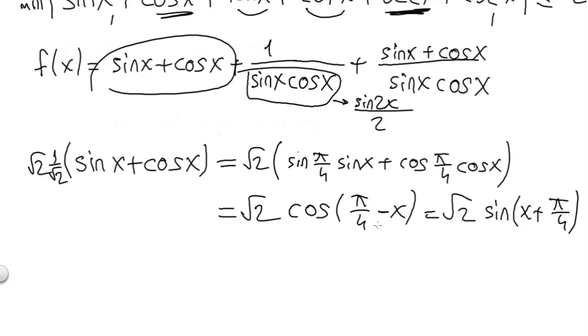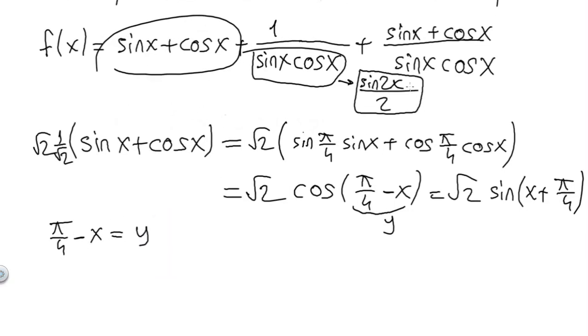So now I'm going to make a substitution, and I'm going to call this thing y, okay? My goal is to see whether this is something close to that, can I represent them in terms of each other? So I have pi over 4 minus x is equal to y. I'm just going to multiply both sides by 2 because I want sine 2x.